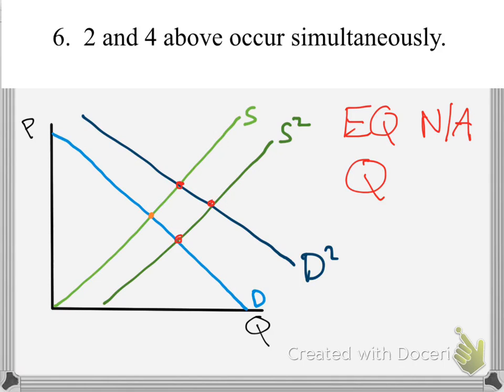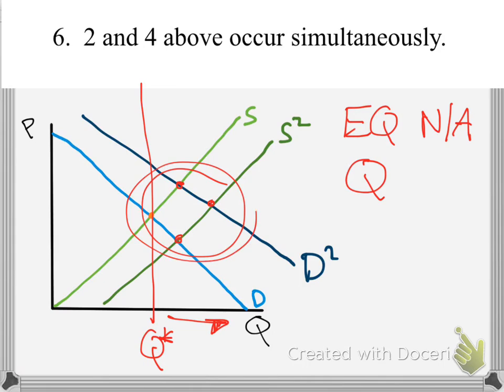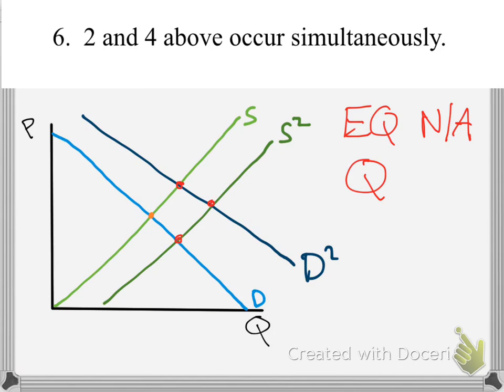However, the quantity, if you notice, this was Q star. The quantity has increased to the right. There is more quantity demanded, so that means we have an increase in quantity because all the points are to the right of Q star.